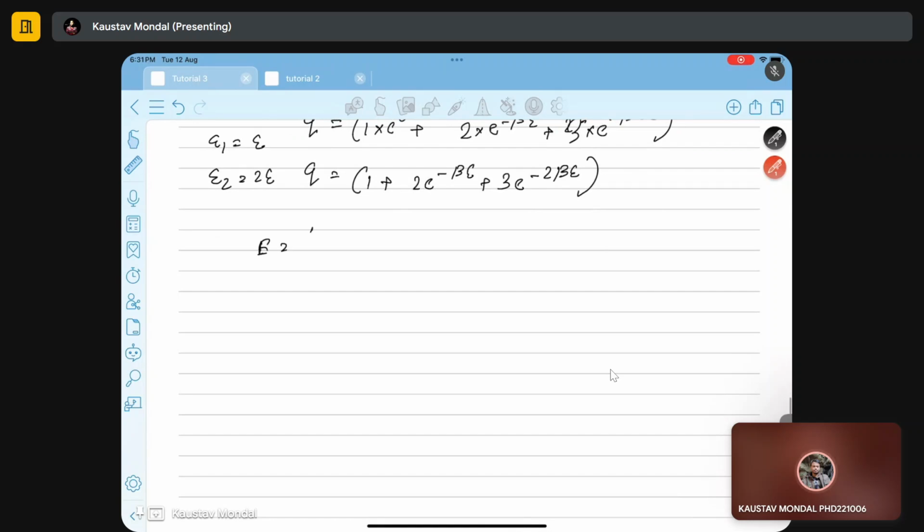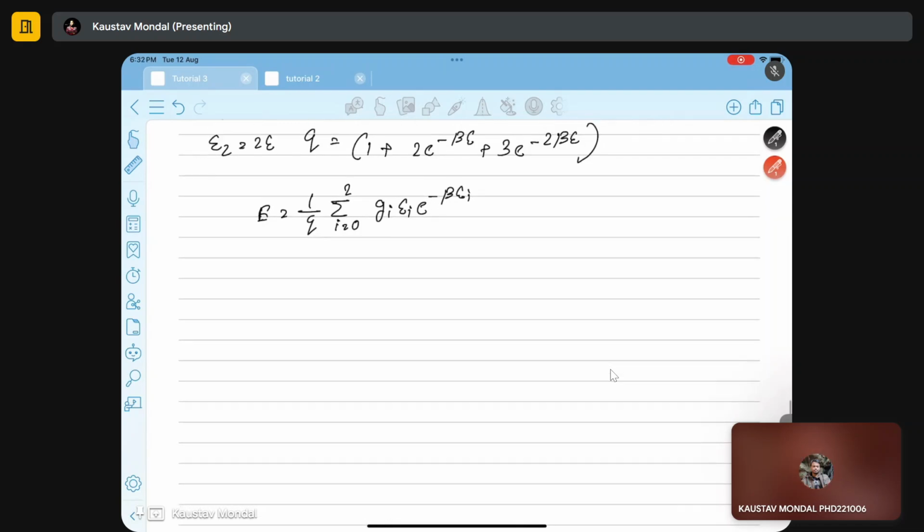You know the expression, right? 1 by Q summation over i of gi into Ei into e to the power minus beta Ei. The gi should also be there in the expression of the total energy.